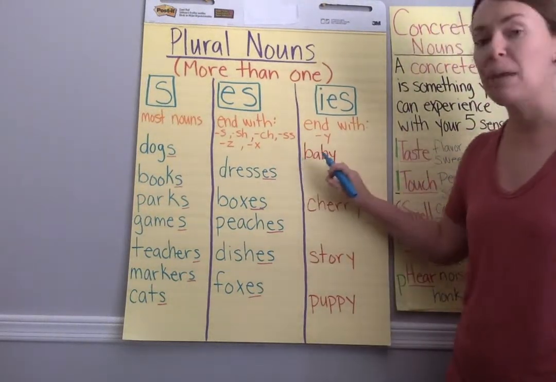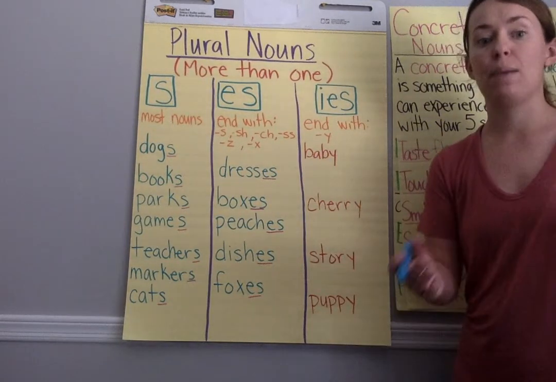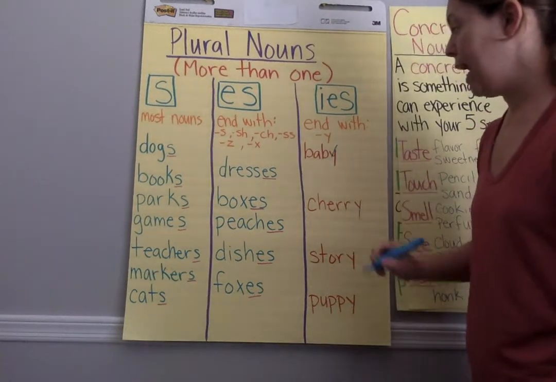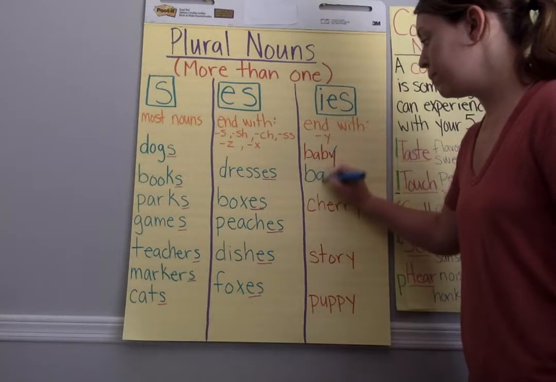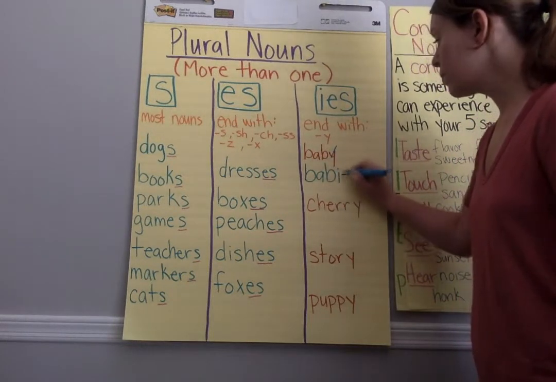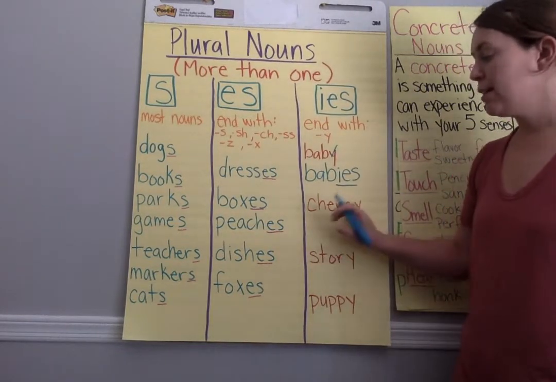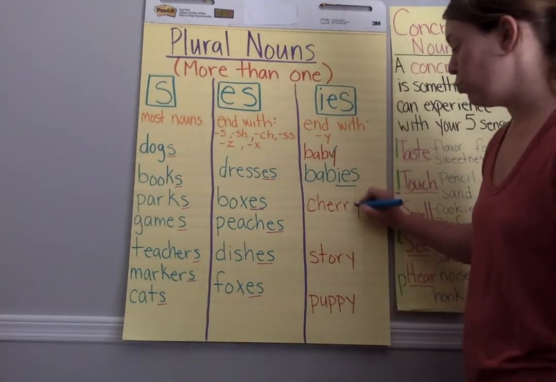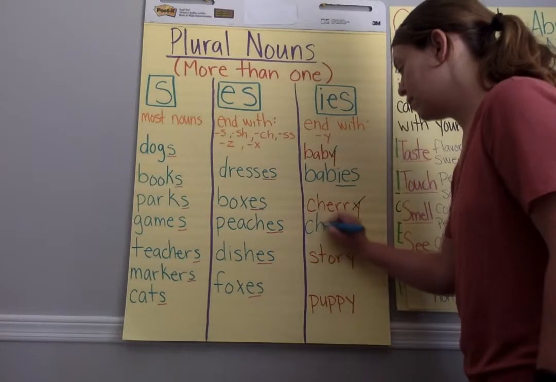So for the word baby, if I have one baby, I want to say I have many babies, I need to drop the Y and add IES, turning it to babies. Okay? Same for cherry. Notice that it ends in a Y, so I'm going to drop that Y and add IES, making cherries.